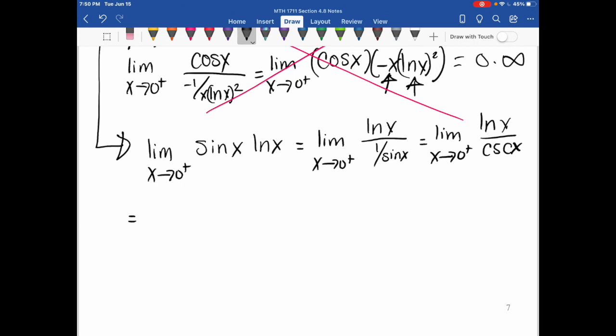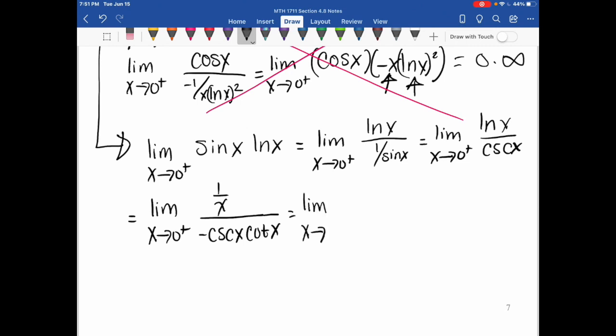Now, when we try direct substitution, we'll get negative infinity over infinity again, and we can try using L'Hopital. We take the derivative of the natural log of x in the numerator and get 1 over x. Then we take the derivative of cosecant x, and in the denominator, I'll have negative cosecant x times cotangent x.